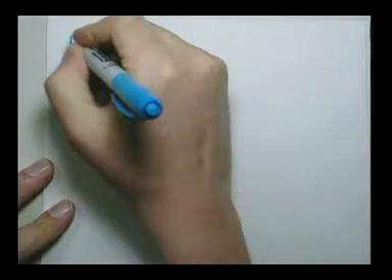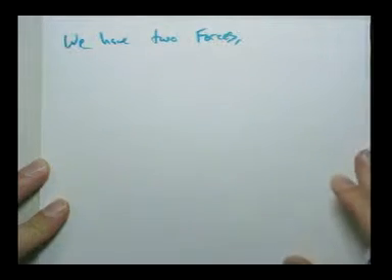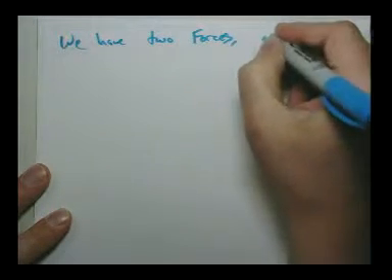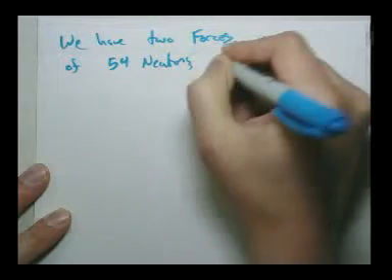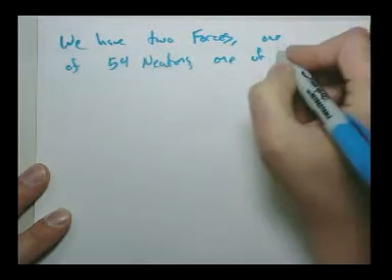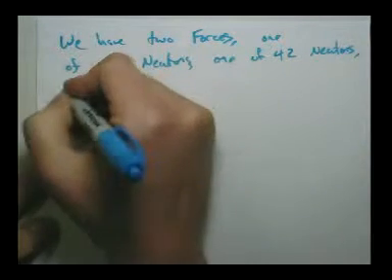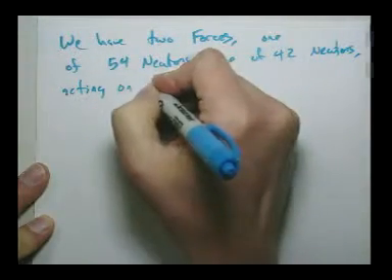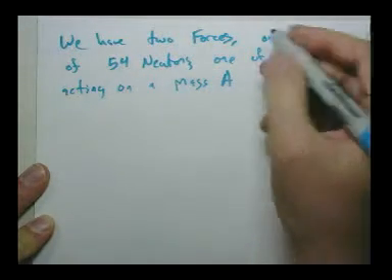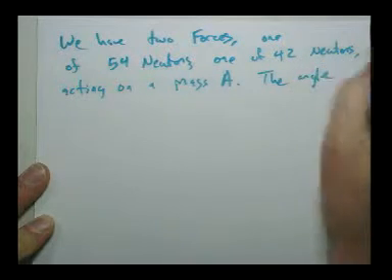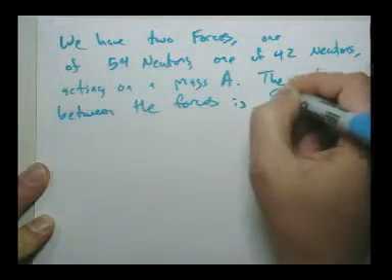Okay, so we have two forces, one of 54 newtons, one of 42 newtons, and they are acting on a mass A. The angle between the forces is 98 degrees.